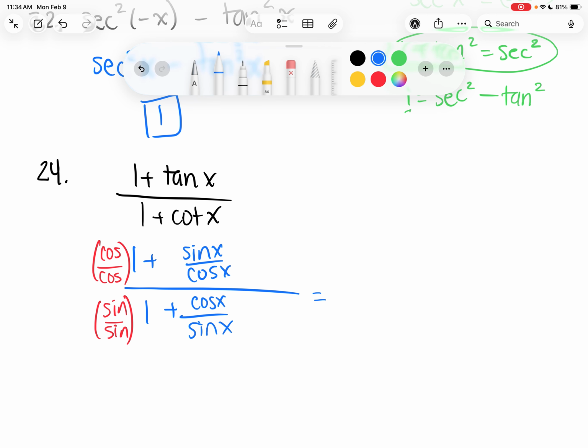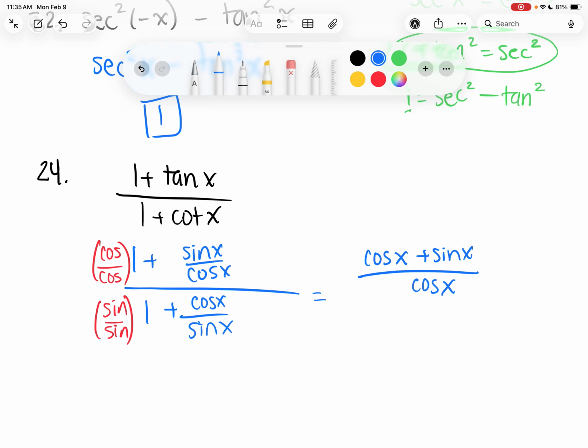So then on top, I have cosine of x plus sine of x over its common denominator, cosine of x. I'm just skipping one little step here, which is rewriting this 1 as cosine over cosine, technically. So on top, we have cosine plus sine over cosine.